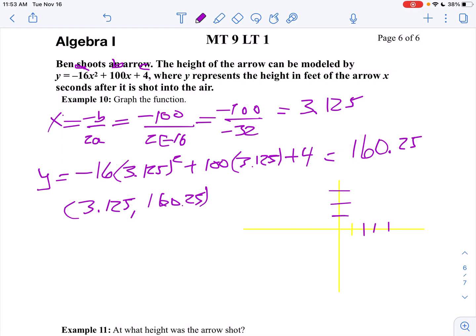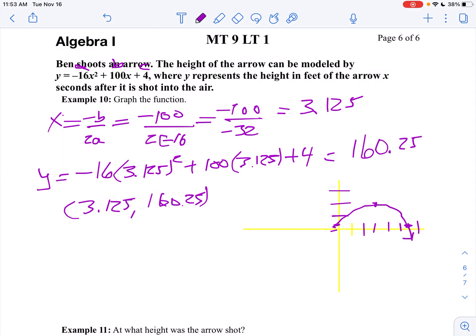So if I go over 3.125 and I go up about 160, and then 0.4, if I'm counting by hundreds, that's almost right on the bottom there, isn't it? And so then I go over another 3.125. And my parabola looks like that.